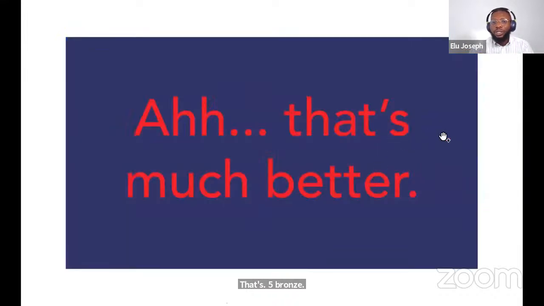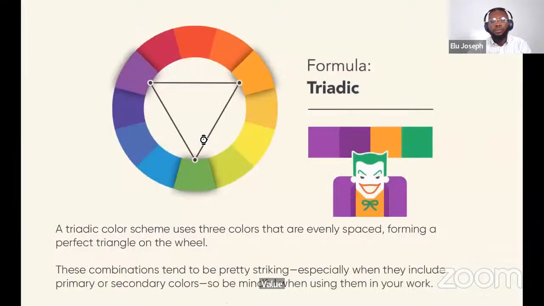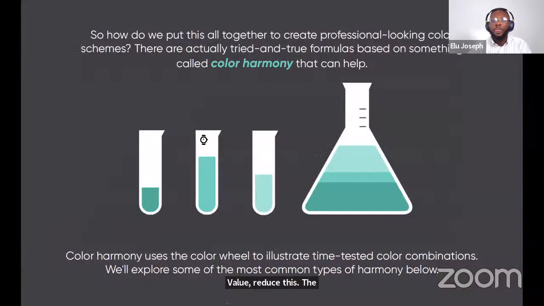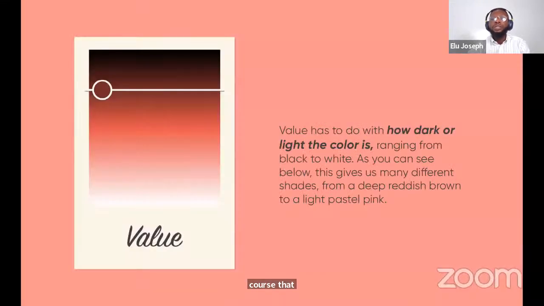Value reduces the intensity of the color. It's either too light and going into white, or too dark and going into black.